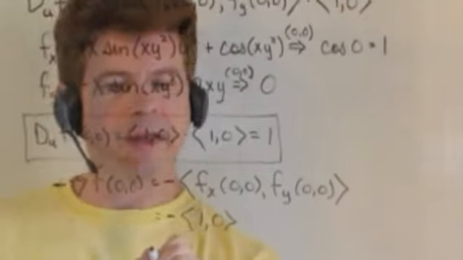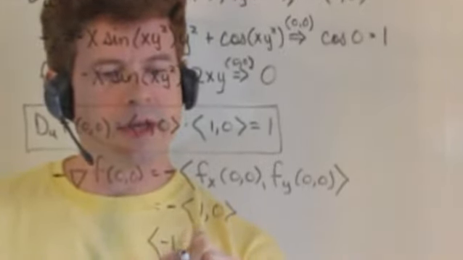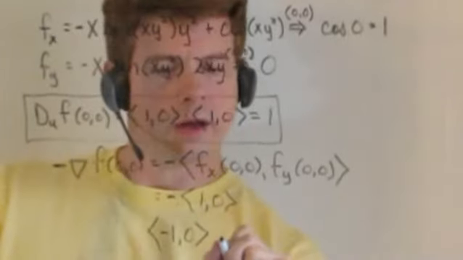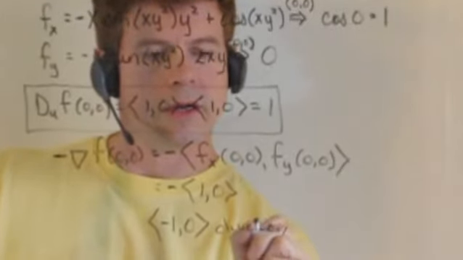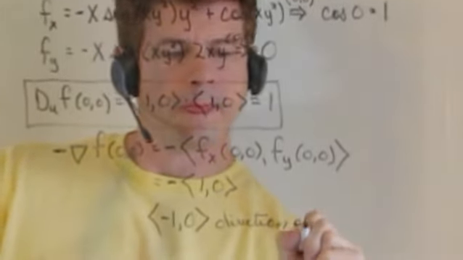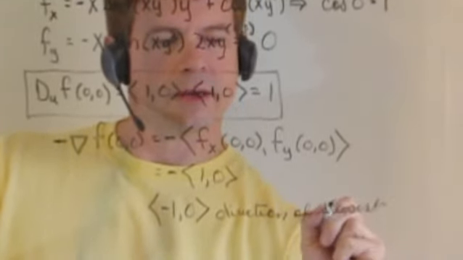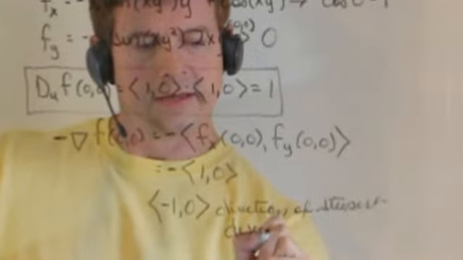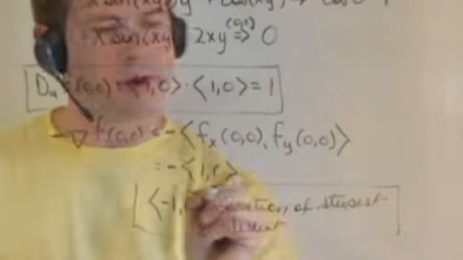We put the negative in there, and we now have our vector is (-1, 0) for the direction of steepest descent. And that answers the second part of that question.